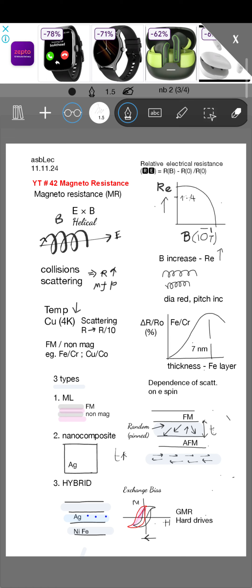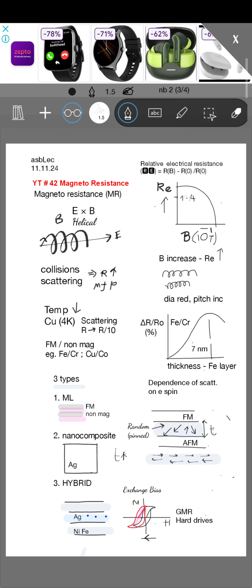Now, the second aspect is the effect of temperature on this magneto resistance. We take a material called copper, which is the most common metal for electrical conduction, and we decrease the temperature to 4 Kelvin, the cryogenic scale.